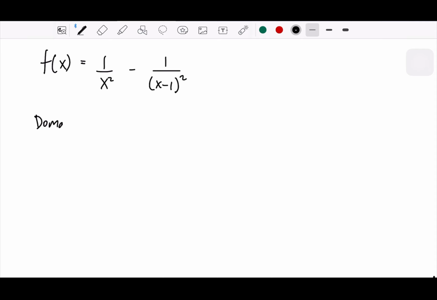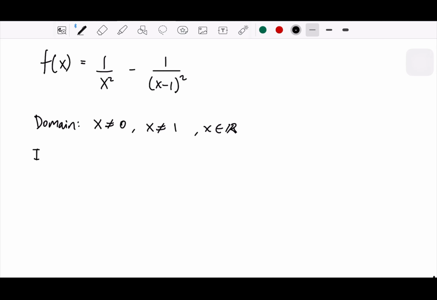It is quite obvious that x is not equal to 0 and x is not equal to 1, right? And for the other values of x, it's still okay. So we can say that the other elements are real numbers.